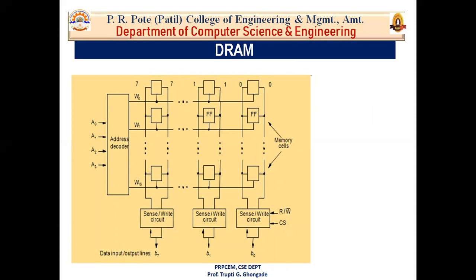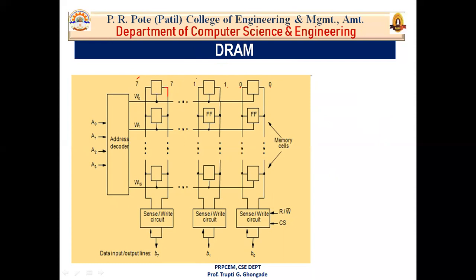A similar diagram we had learned for static RAM also, but in static RAM we have 2 bit lines, that is B0, B0 dash, B1, B1 dash. The combination was there, but now when I'm talking about DRAM, we have a single bit line, that is B7 only.